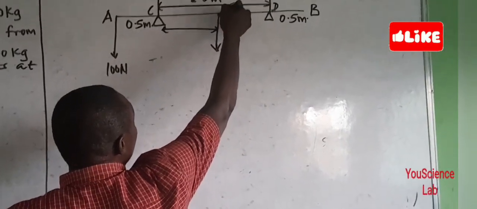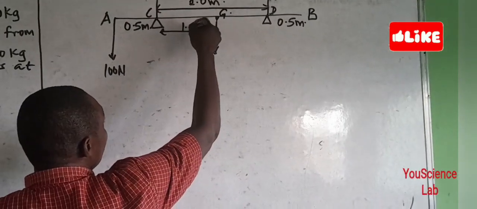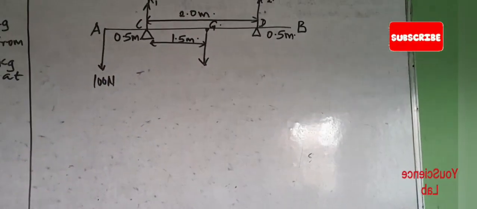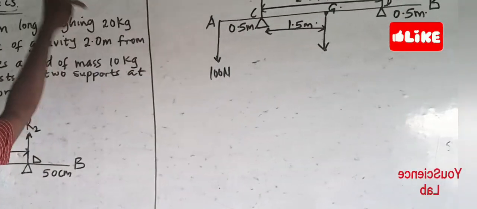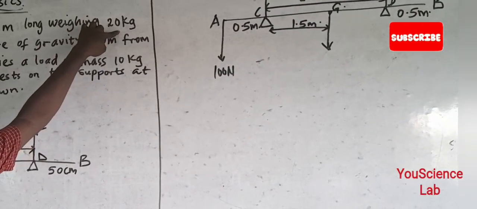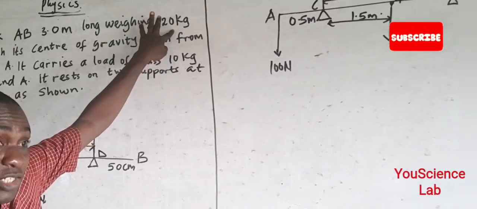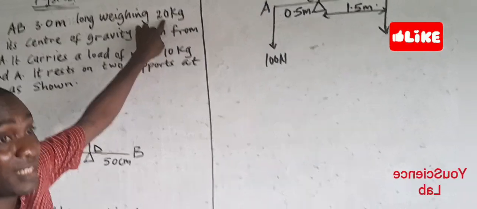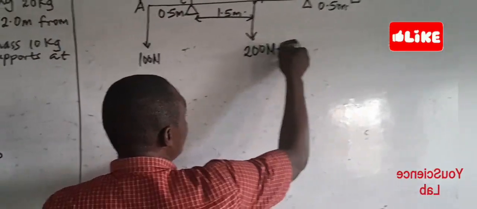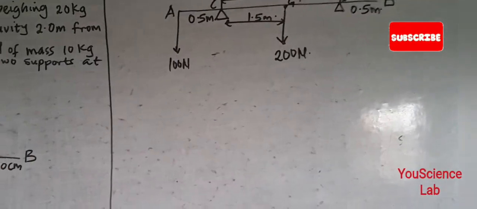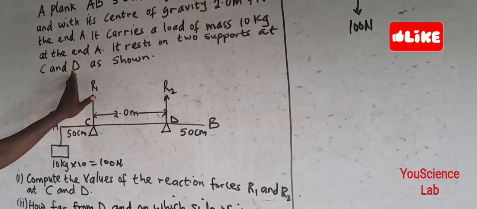Let me call this G, which is the center of gravity, 1.5 meters. The mass of the object is 20 kilograms. We have to convert that to weight, in Newton. So we multiply this by 10, and that gives us 200 Newton. So we have that. There are no other forces here again. So these are the forces that we have here.